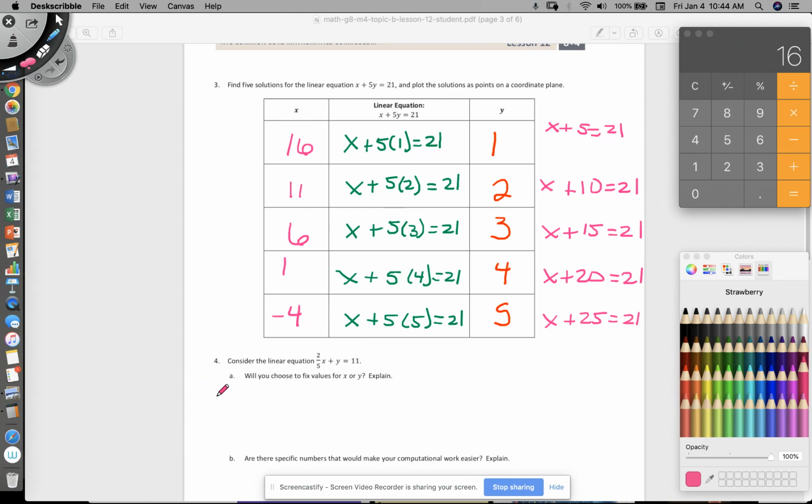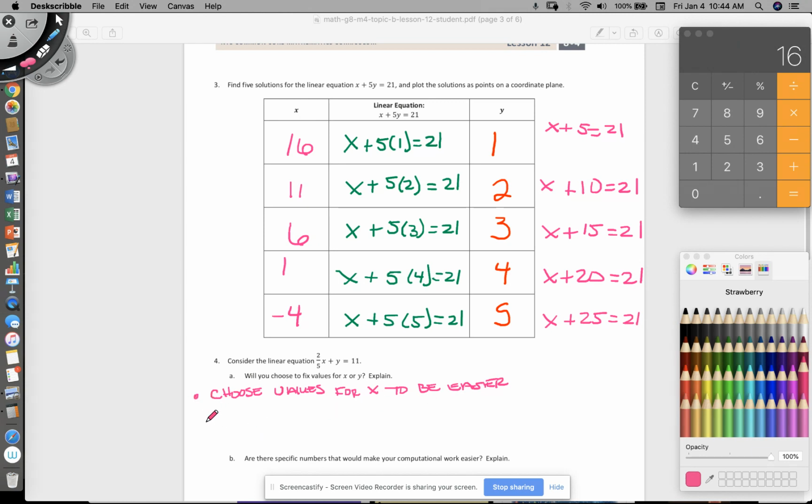So I'm just going to say here, I would choose values for x to be easier in solving. Okay, this would just, to me, would be easier.